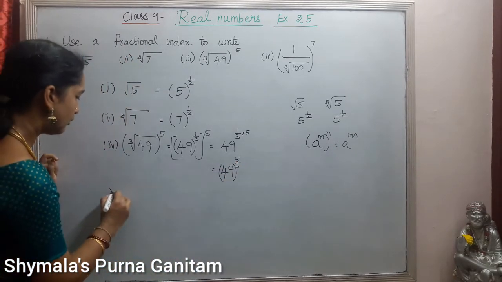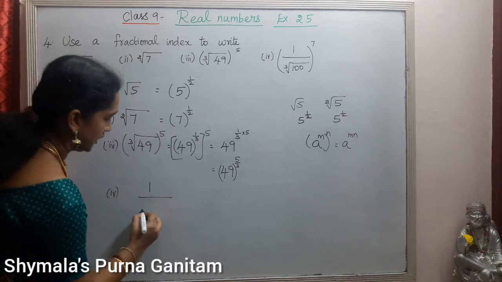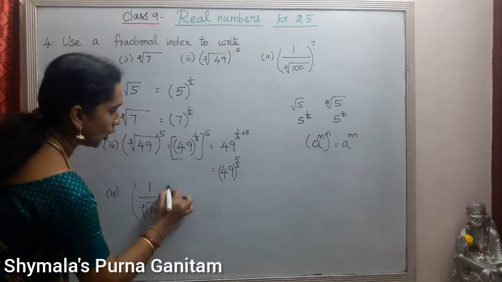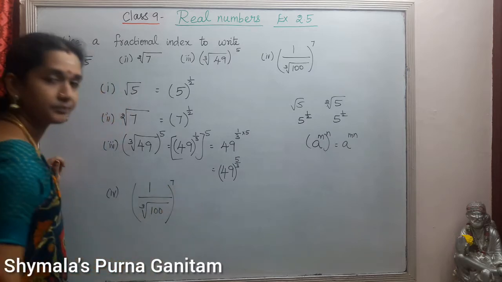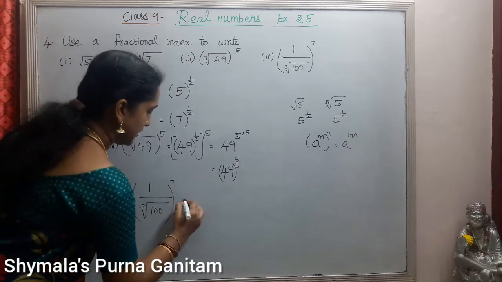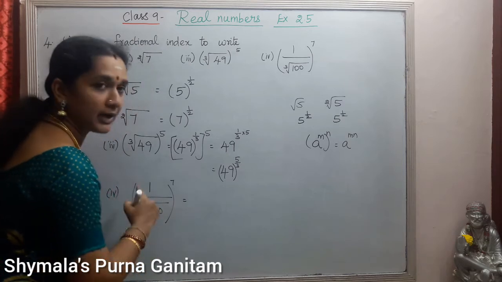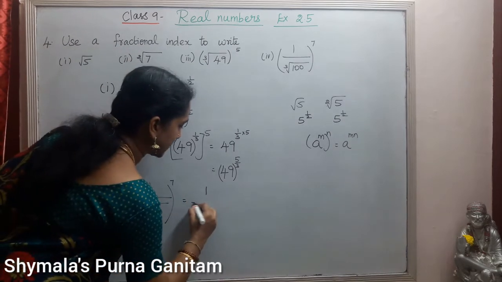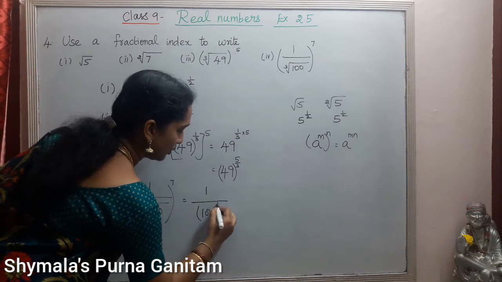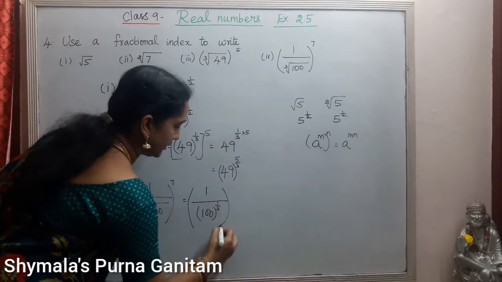Then the fourth one is 1 by cube root of 100 whole power 7. So this is equal to 1 by cube root of 100, so we can write it as 1 by 100 whole power 1 by 3, to the power 7.